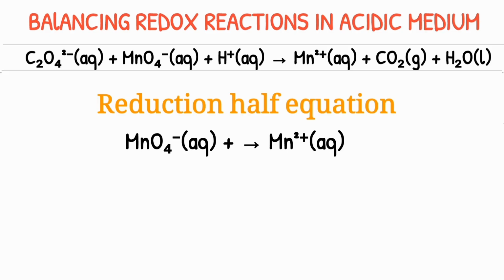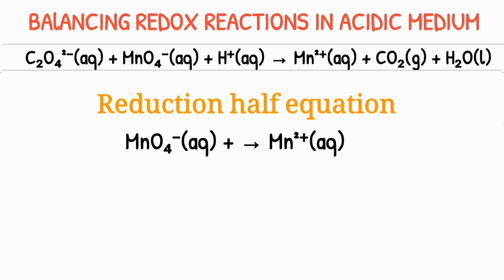Since we have 4 atoms of oxygen on the left hand side, we are going to add 4 molecules of water on the right hand side, and that is going to balance our oxygen. We know that water is oxygen and hydrogen, so we are indirectly introducing hydrogens on the right hand side.